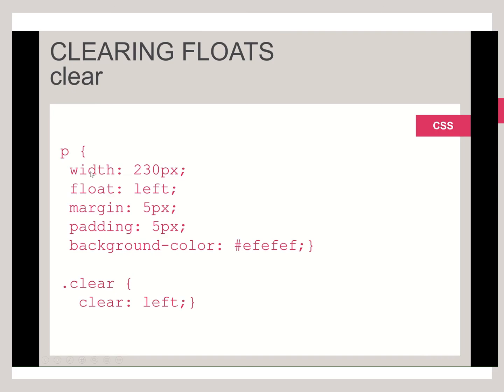You can find overall this is similar, like the previous same. So we define a class attribute for the fourth paragraph only, and for that paragraph called clear paragraph. And then for the clear paragraph we define a clear property, and we set the value to be left.